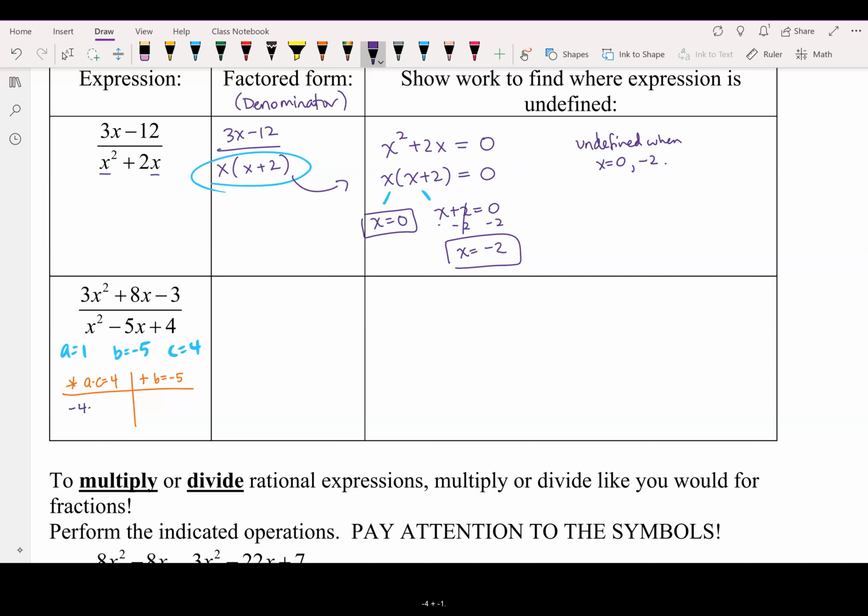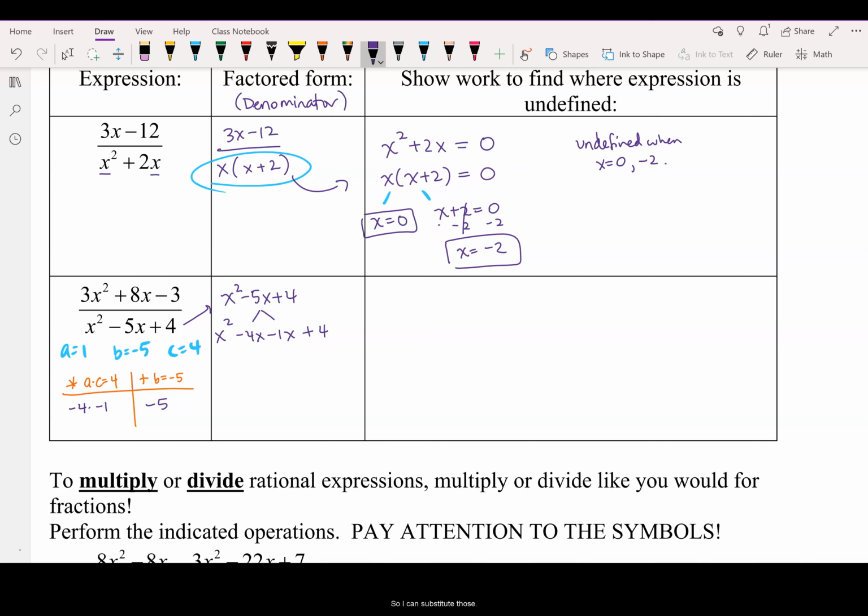Well, negative 4 and negative 1. I'm just going to focus on that denominator because that is the important part for finding where a rational expression is undefined.